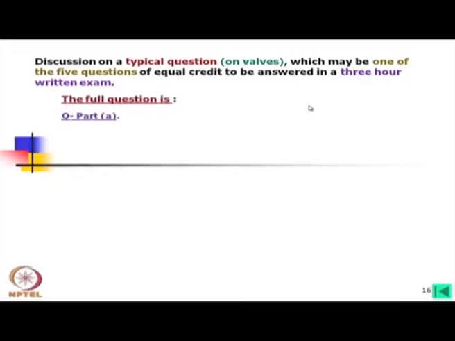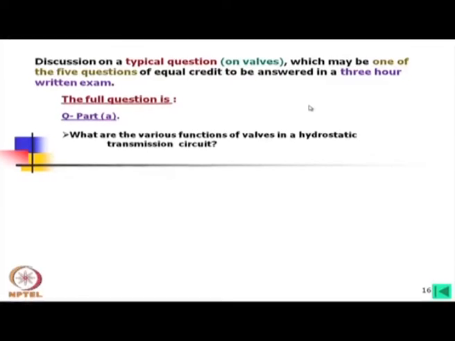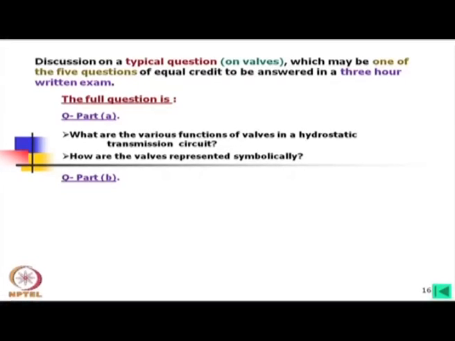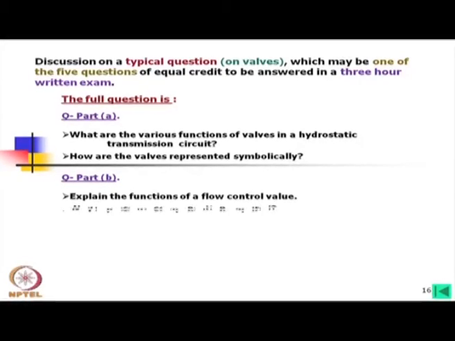The whole question is: part A, what are the various functions of valves in a hydrostatic transmission circuit? Then it has another sub part, how are the valves represented symbolically? Now, part B has sub parts: explain the functions of a flow control valve.